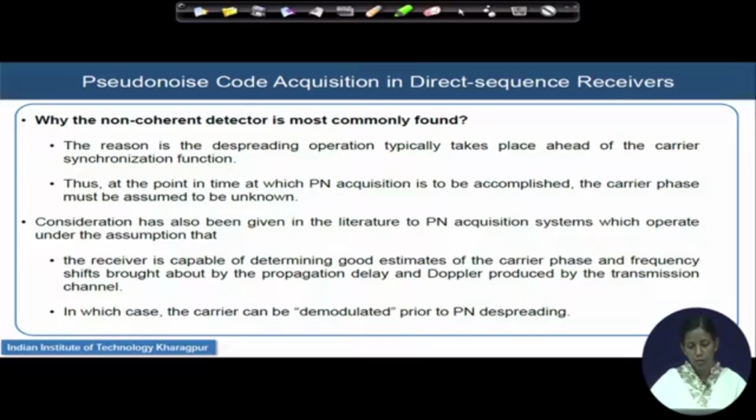It is the most common in practice, but as I have told, some advanced acquisition systems may be intelligent enough to estimate the carrier phase and frequency shifts that change dynamically because of propagation delay as well as Doppler, and in such a situation we prefer the coherent detector.